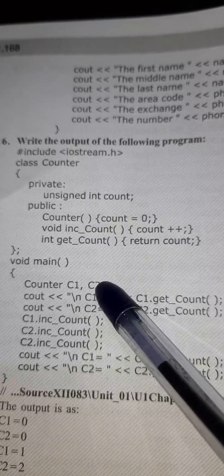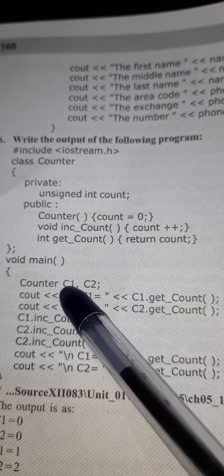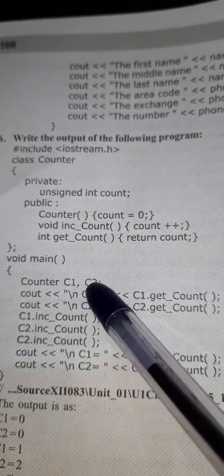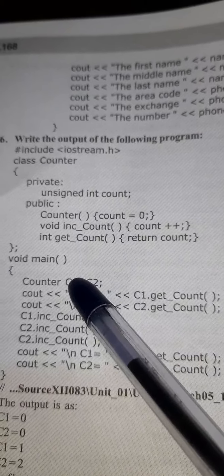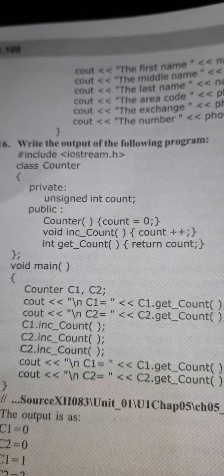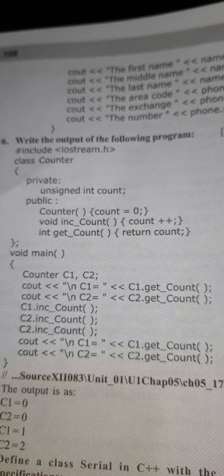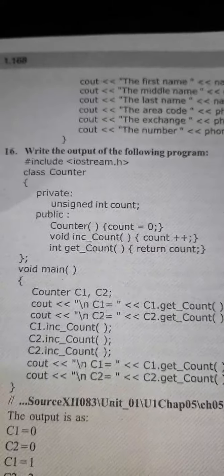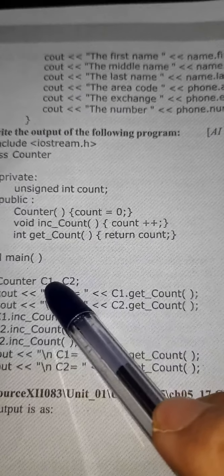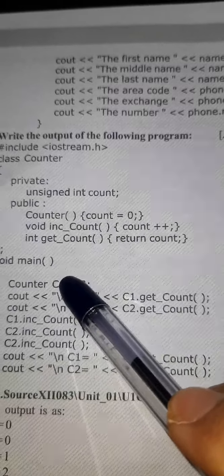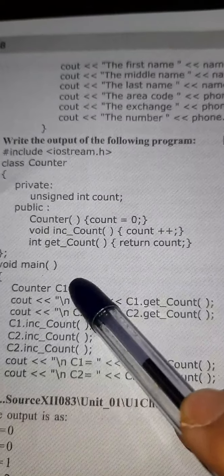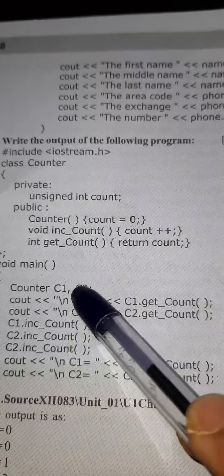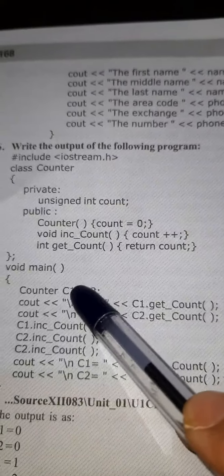So you have two objects declared, and this is a normal object declaration, with no parentheses, no parameters, no implicit call or explicit call. There is no bracket with any arguments passed. No values are passed by this object.